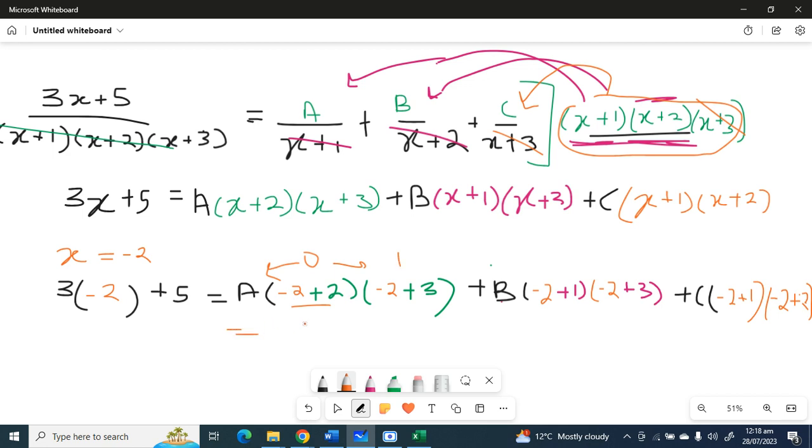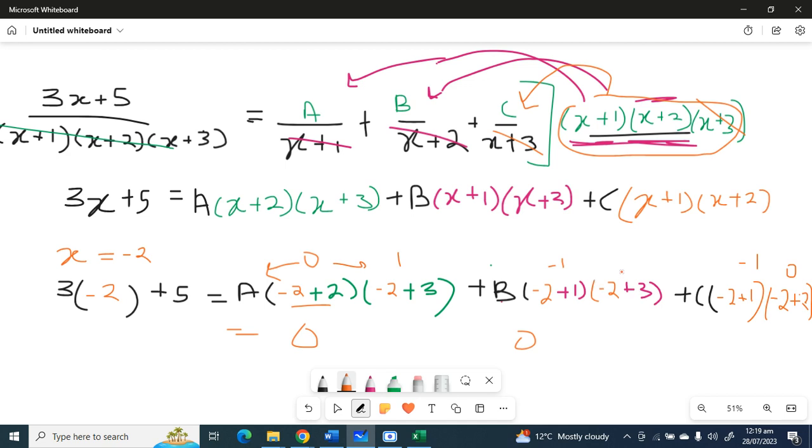Even here with c, -2 plus 2 is 0. -2 plus 1 is -1. 0 times -1 times c is 0, right? But for b here, -2 plus 1 is -1.